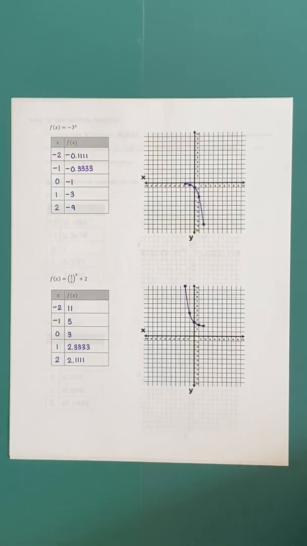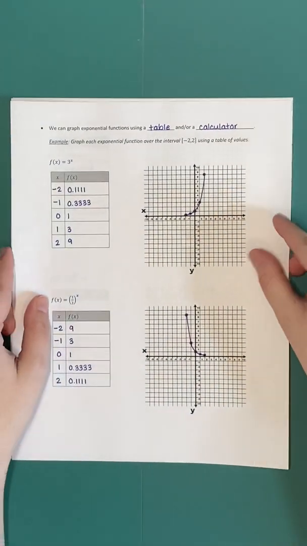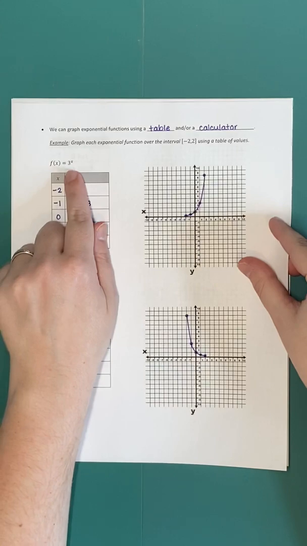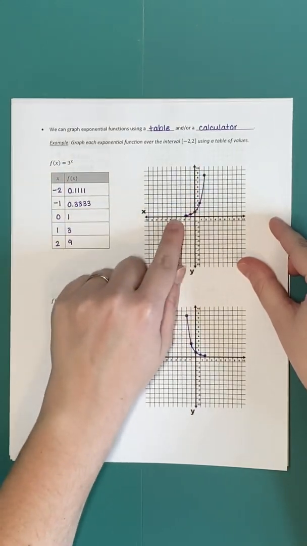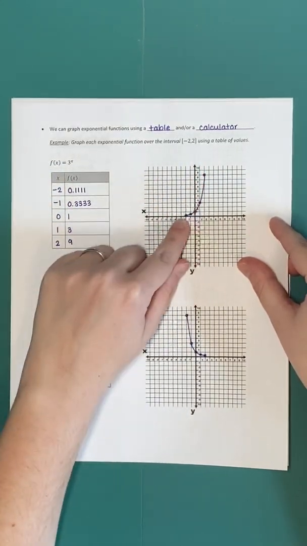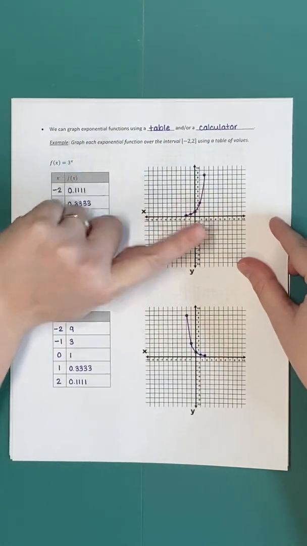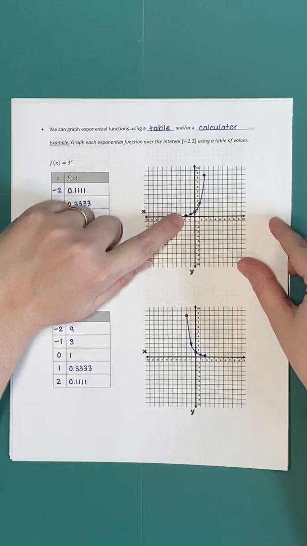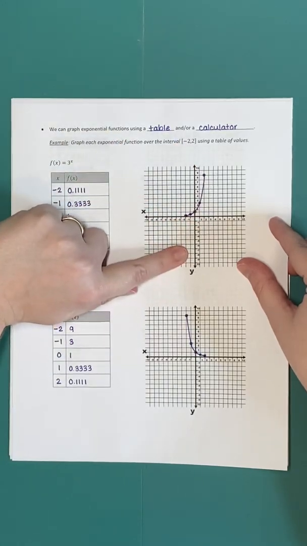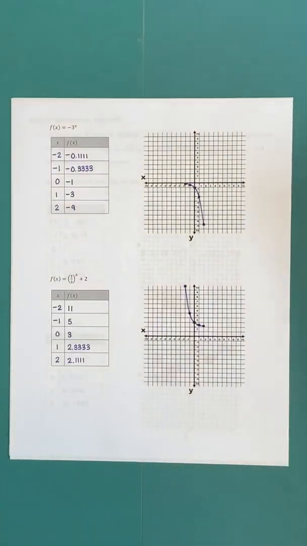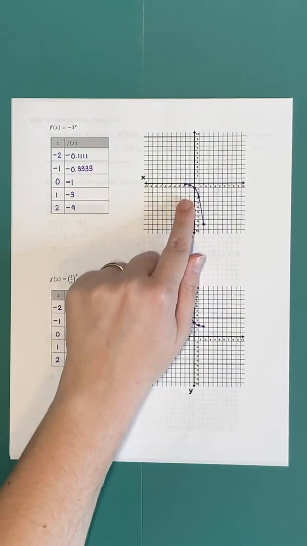So based on what we know about transformations, essentially what's going to happen is we're going to start with this as the parent function, and then imagine just taking this graph and reflecting it across the x-axis. So all of those points above are going to flip and they're going to go below the x-axis. And so that's going to be the graph we end up with.